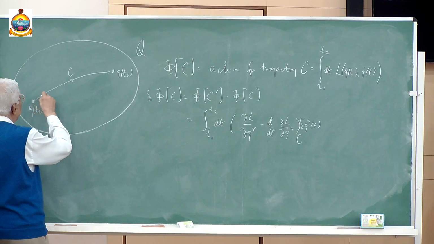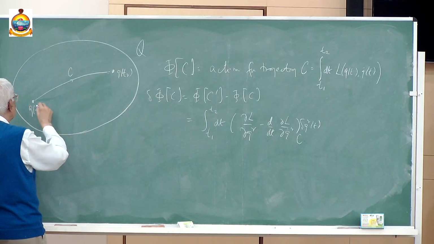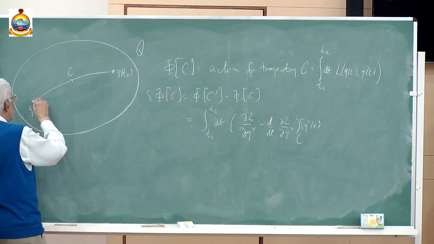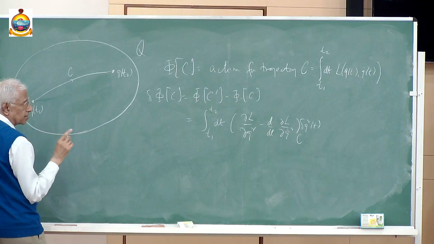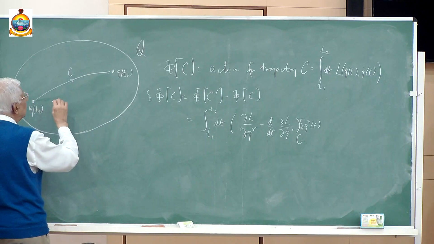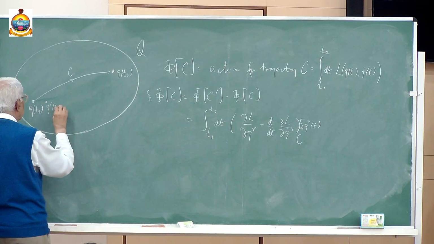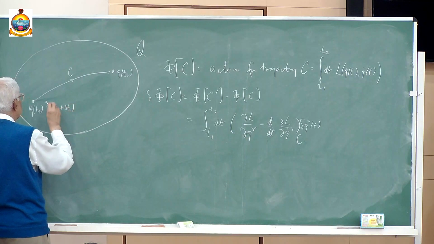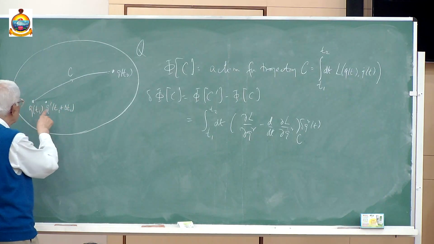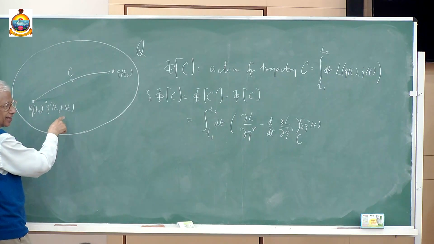Now, in what way shall I vary the path? In the derivation up to now, I said the endpoints are untouched. Now, what we will do is, when we draw a nearby path, we will imagine that it starts at a nearby point to q of t1 at a nearby time.